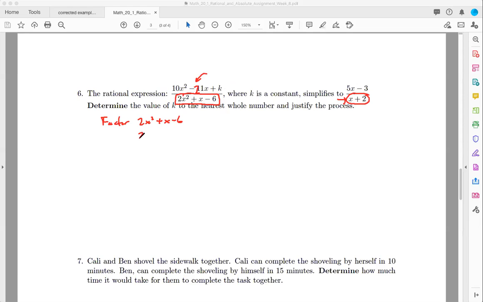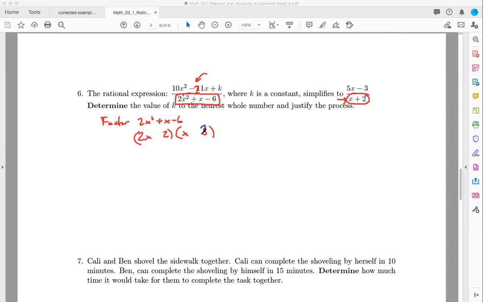So let's factor this. We have 2x times x, and it probably is 3 and 2, I guess. Let's just turn this around here.